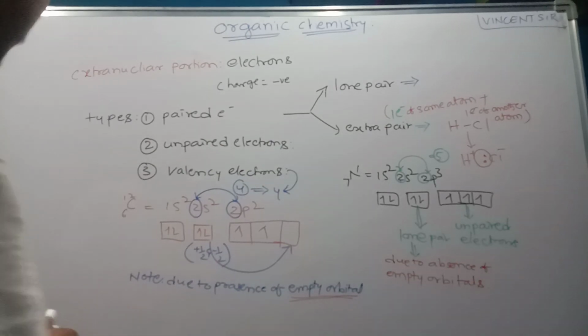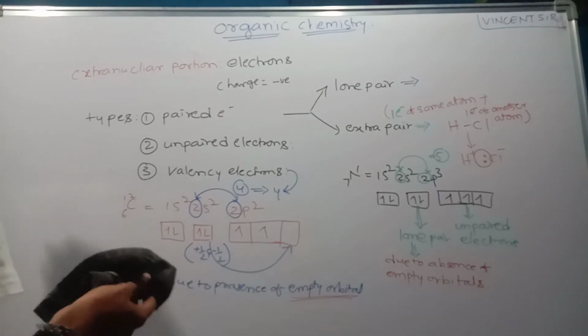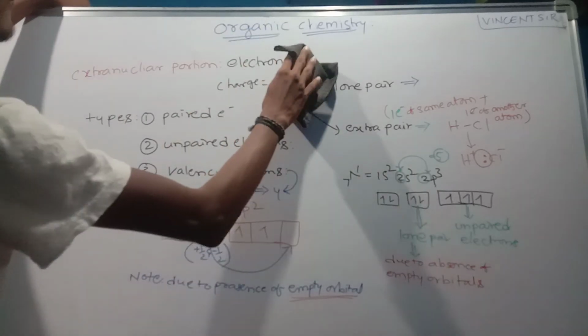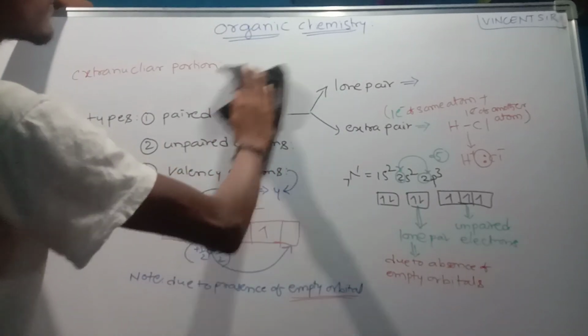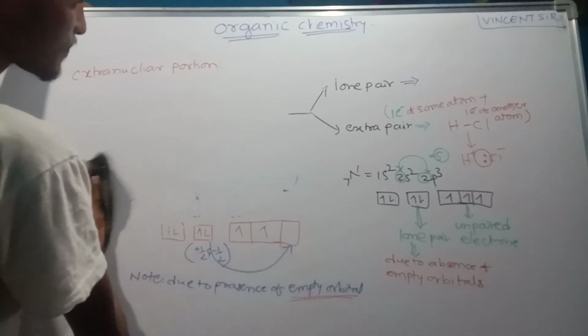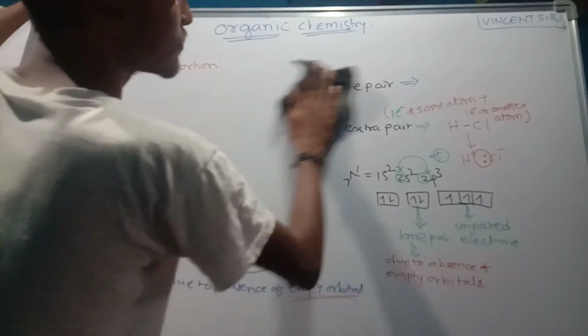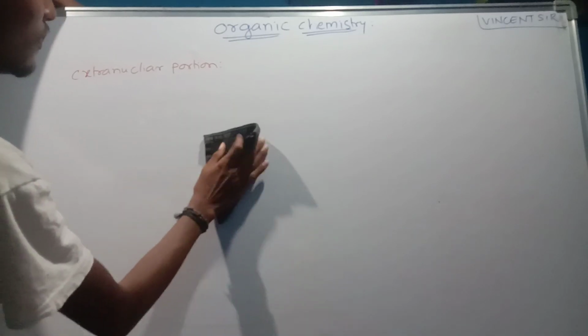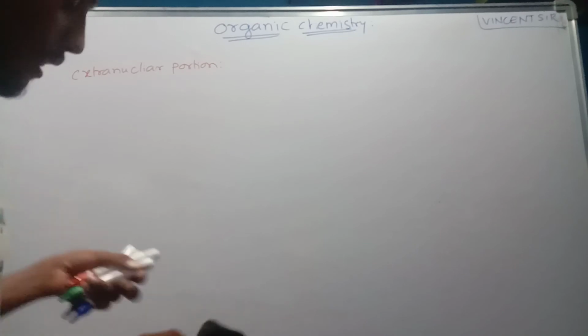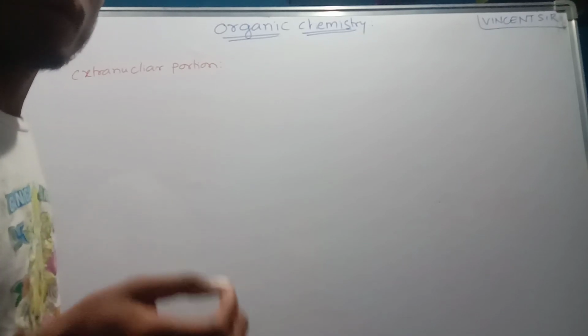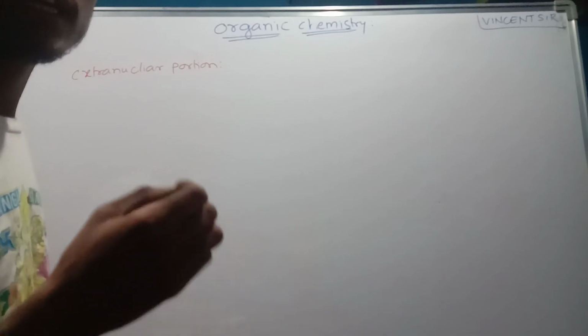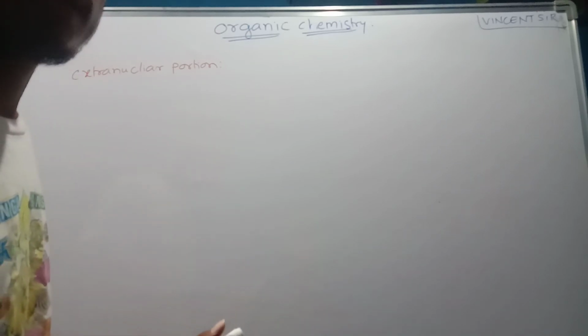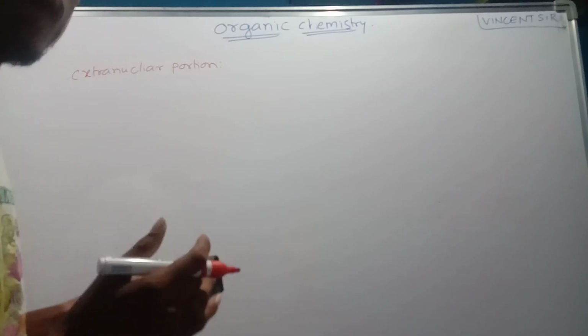Next thing is, after participation of an element in bonding, you cannot see unpaired electrons because they are involved in bonding.